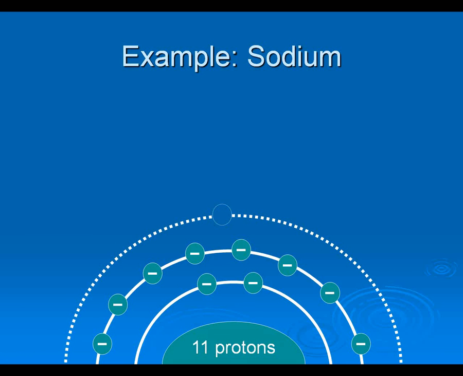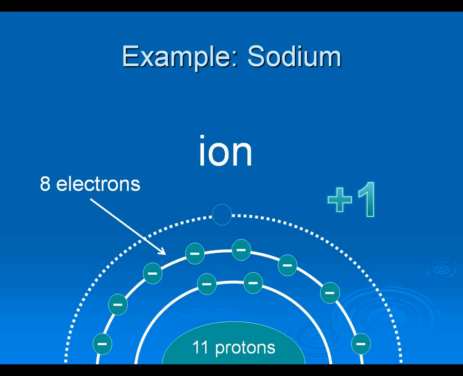Now we have an imbalance. We have 11 protons and we have 10 electrons. Protons are positively charged, electrons are negative. So now what we have is an atom that has a charge. When an atom has a charge, or a group of atoms has a charge, it has a name. It's no longer called an atom, it's actually called an ion. So we have a sodium ion.